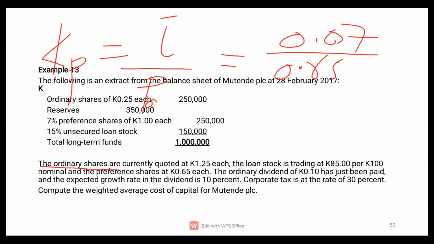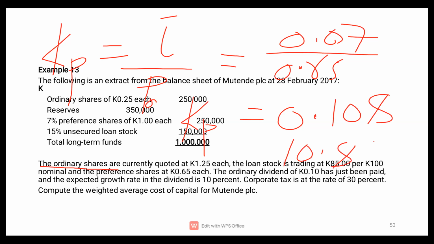So what is the cost of preference shares? 0.108, which is the same as 10.80%. This is the cost of the preference shares, right?